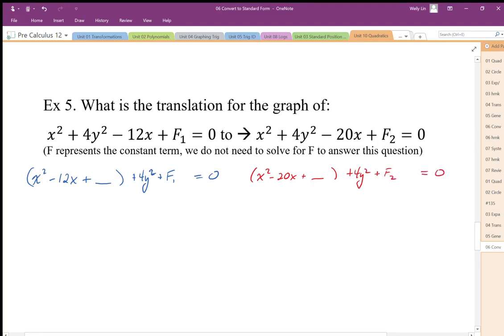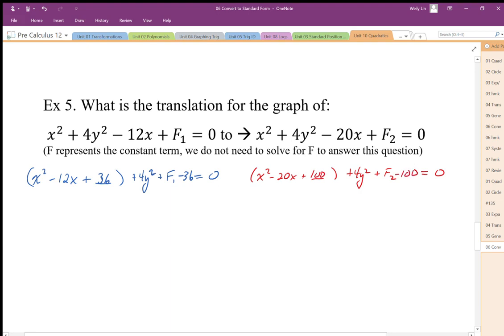Then I'm going to complete the square here. This is going to be 36, and I need to balance this with a minus 36. Here I'm going to complete the square; it's going to be 100, and I need to balance this with a minus 100.